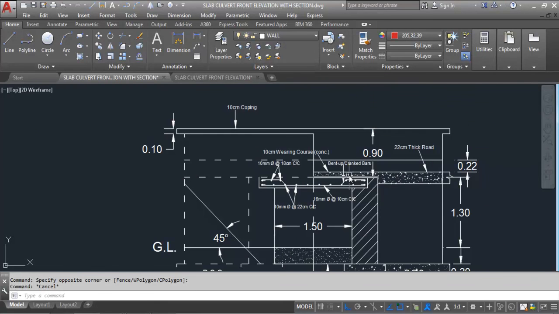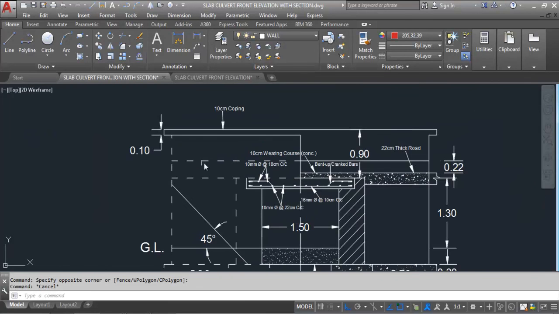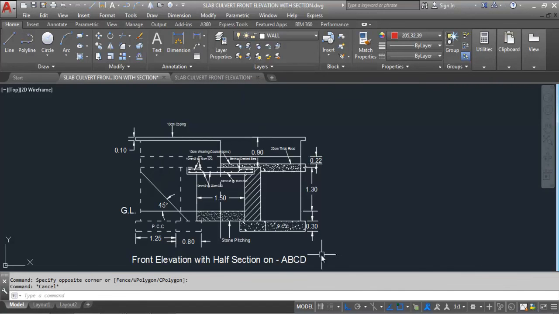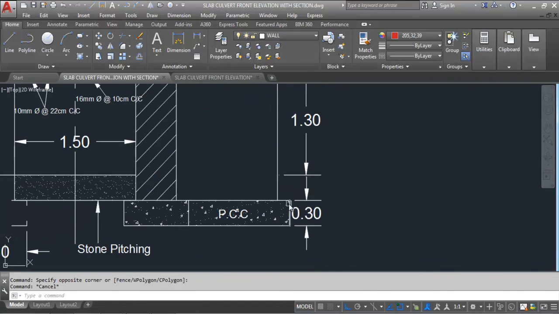This is the primary parapet wall. This is the secondary parapet wall. This is 10 centimeter coping, 0.1 meter. This is the thickness of PCC.